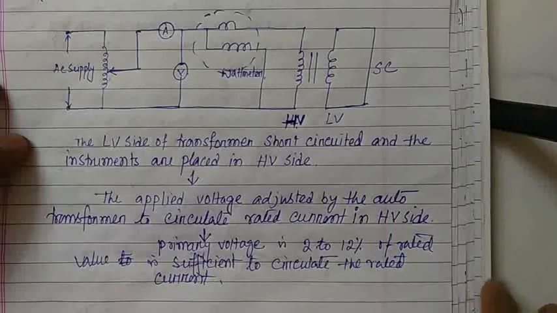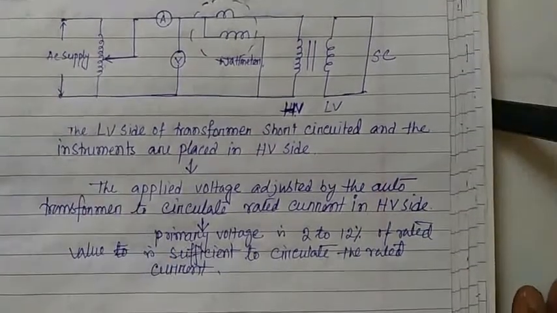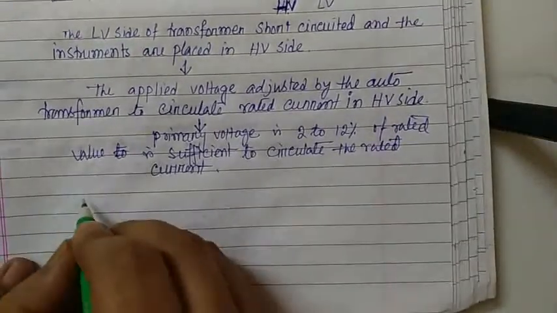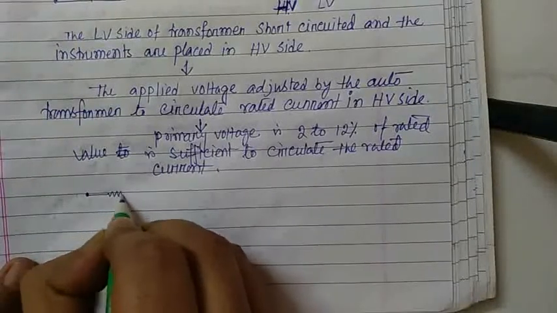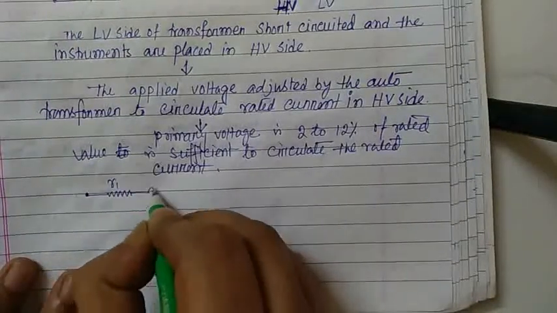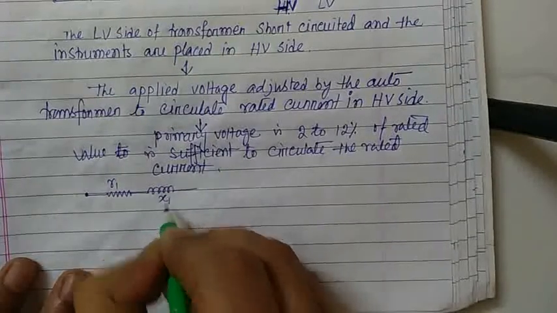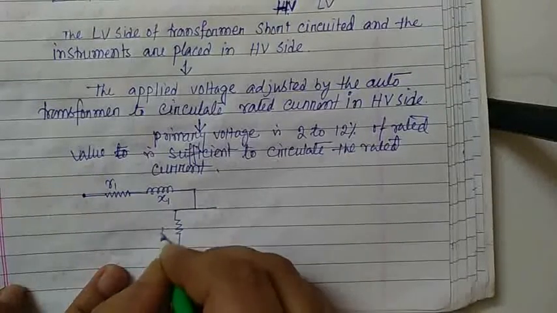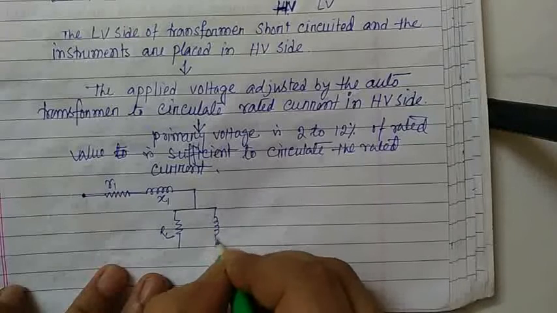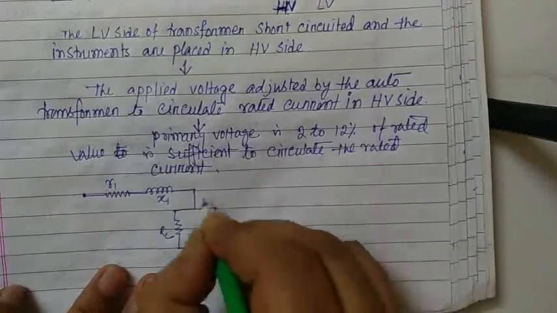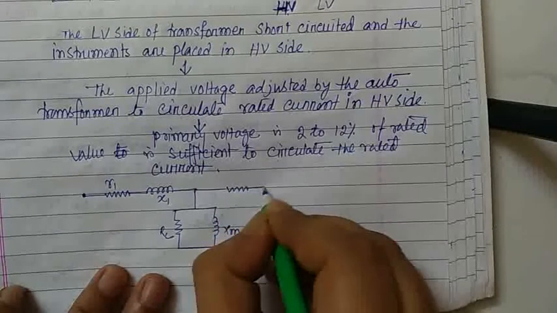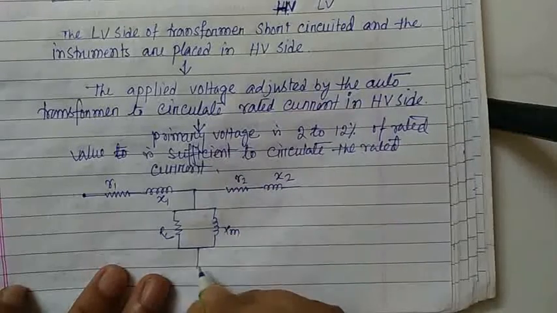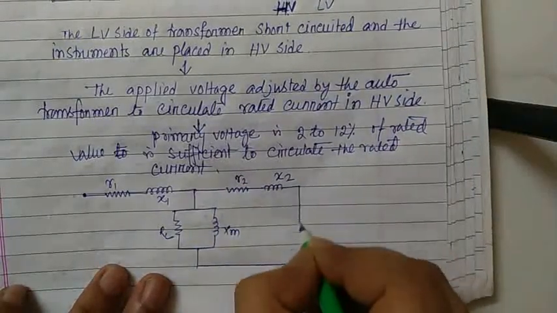Now what should be the equivalent circuit of the single phase transformer? First I draw the primary side resistance R1, primary side leakage reactance X1, shunt branch resistance RC, shunt branch reactance Xm, secondary side resistance R2, secondary side leakage reactance X2, and the secondary side is short circuited.